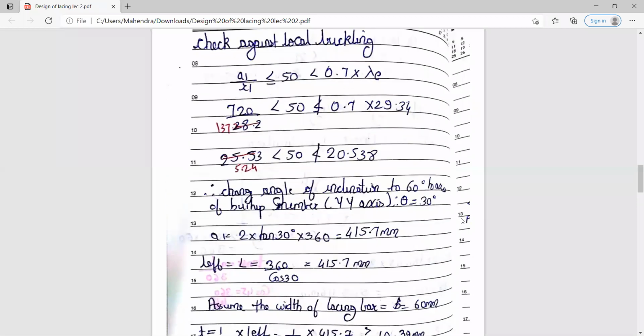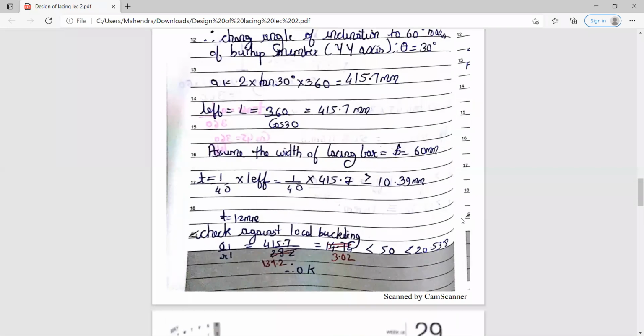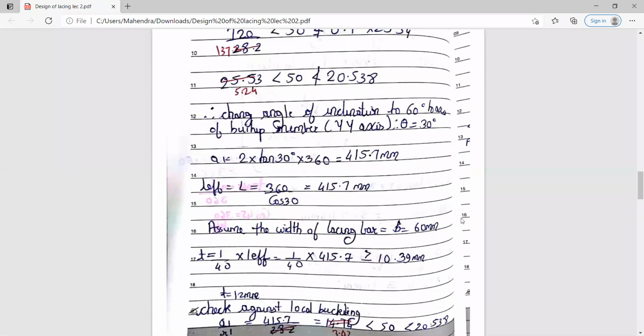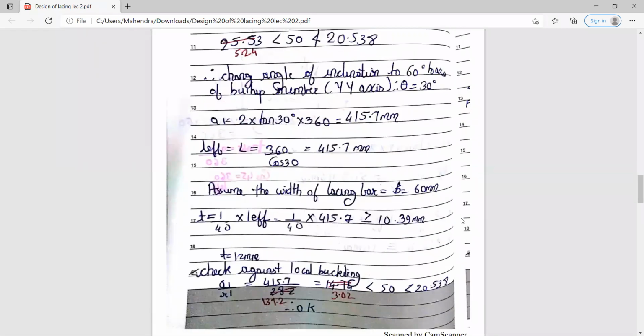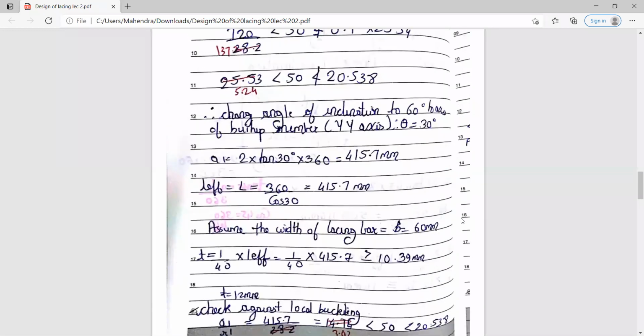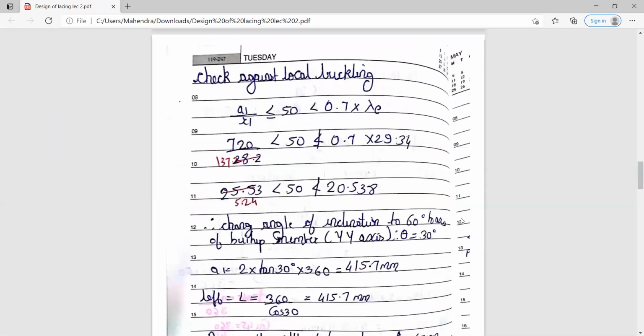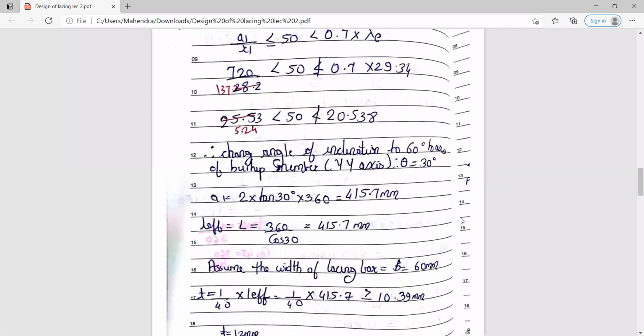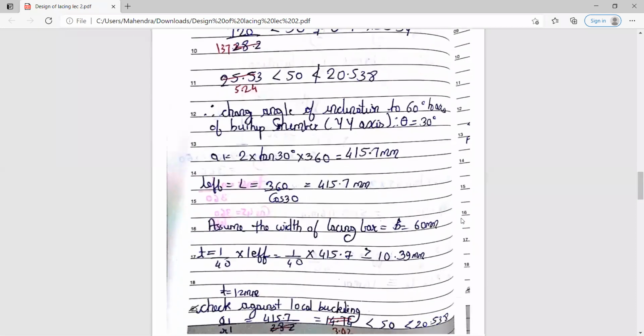The A1 by R1 ratio that came here earlier was 5.24, and here the ratio comes up to be 3.02. This is fine, that is 0.7 into lambda less, that is 20.538. This is equal.